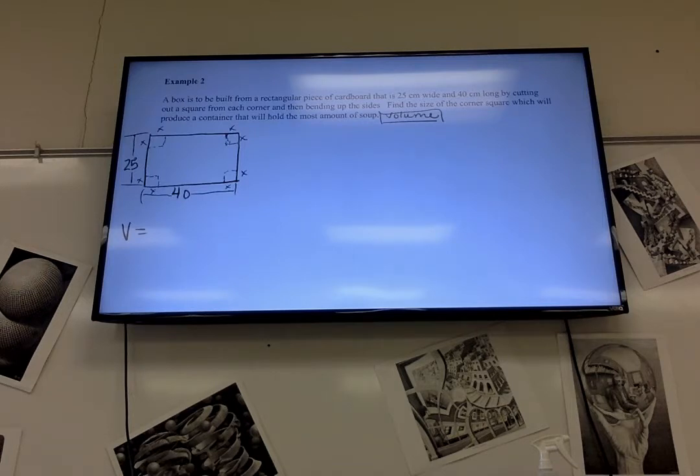When I take out these X's, the height's going to be X. The length is 40 minus 2x, and the width is 25 minus 2x.